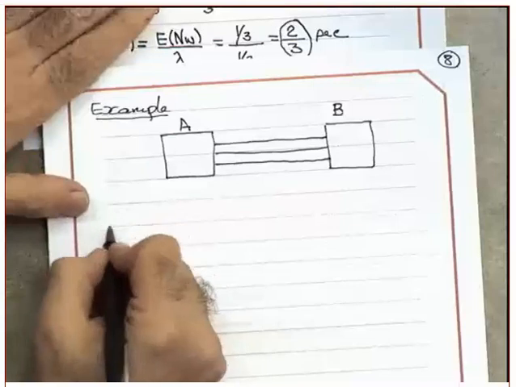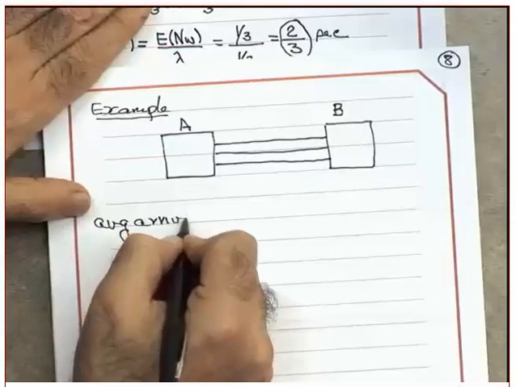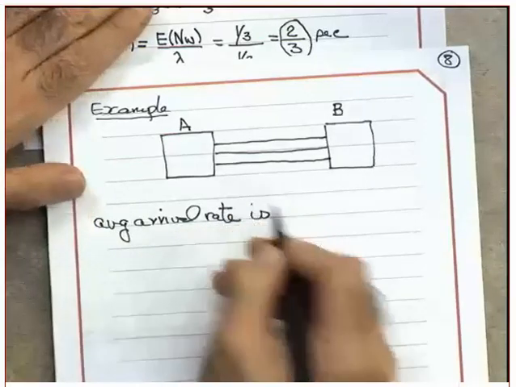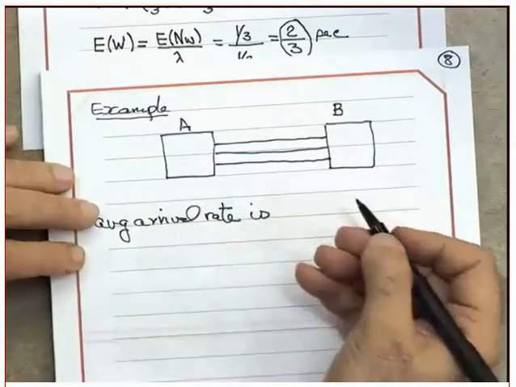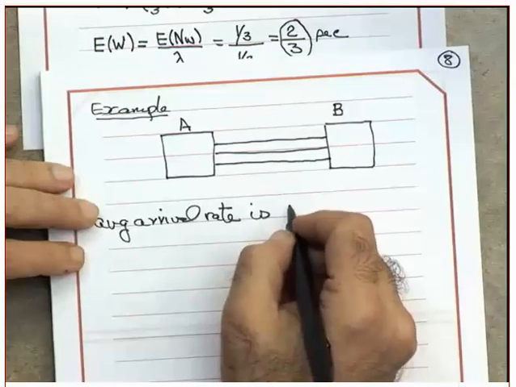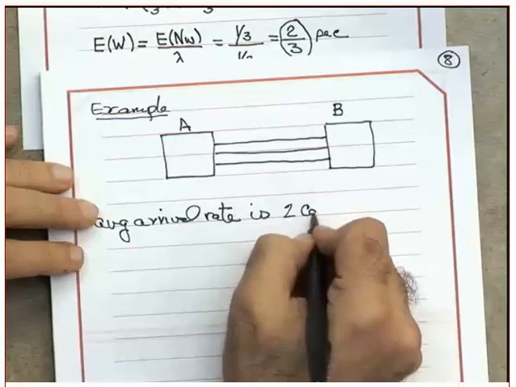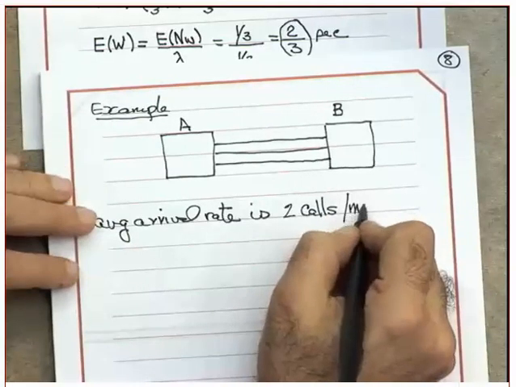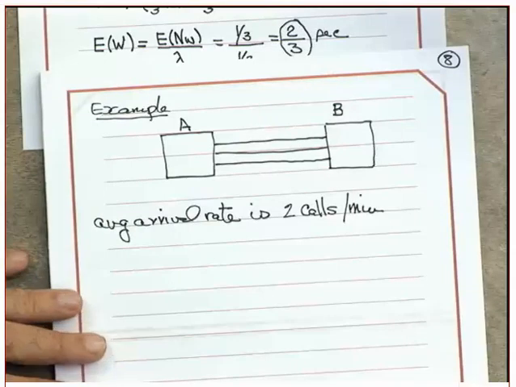Okay. The owner of the company has two options. First of all, the average arrival rate is, let's say, 2 calls per minute. Clear? Okay.